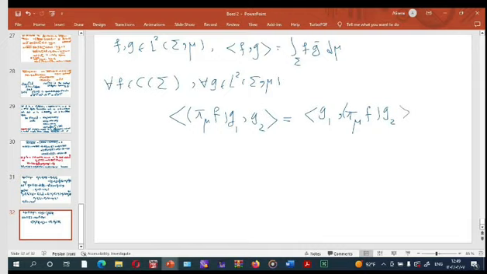Okay. And on the other hand, this is equal to g1 and, by the definition of P mu, f g2.